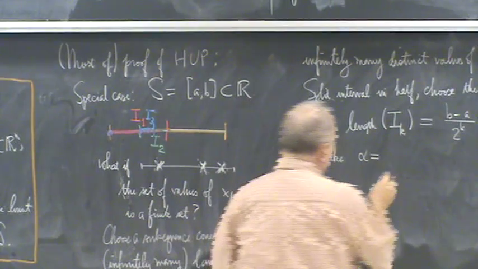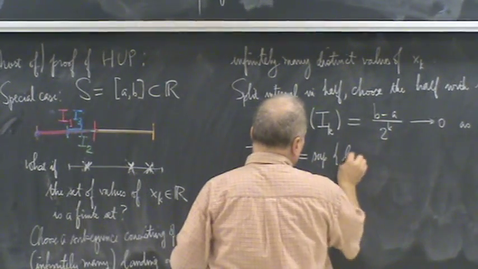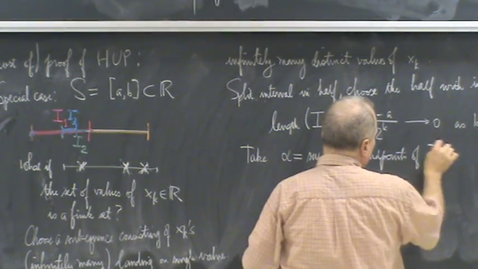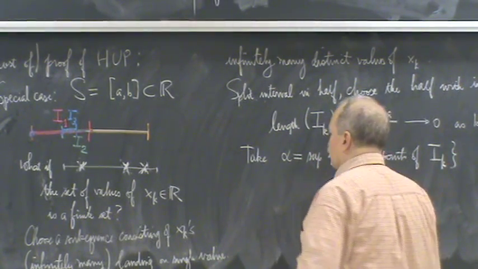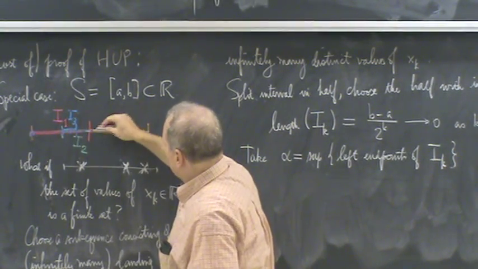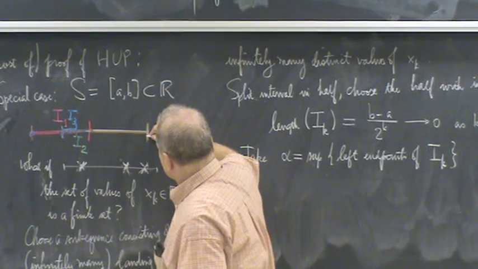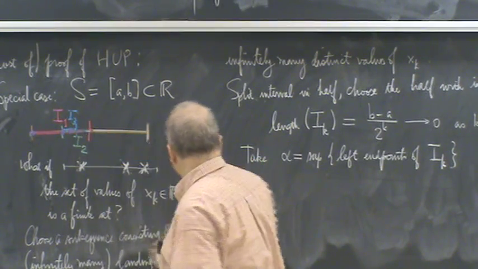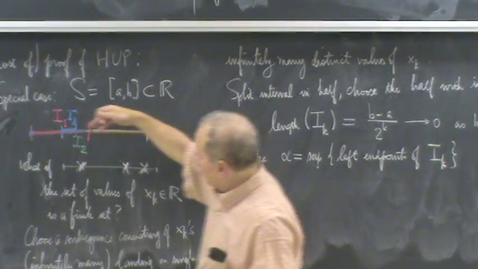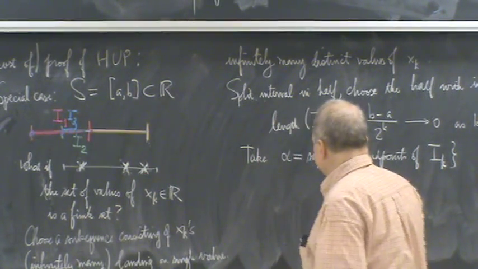And so you can take the sup of the set of left endpoints of the various intervals. We have a non-empty set of numbers that's bounded above, certainly by B. So there's a sup. And that actually is going to be a point that these intervals are converging onto.